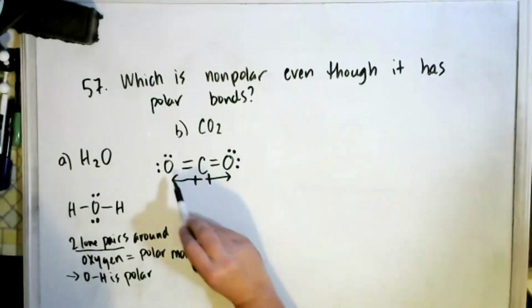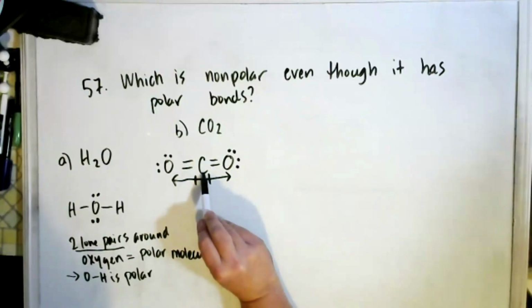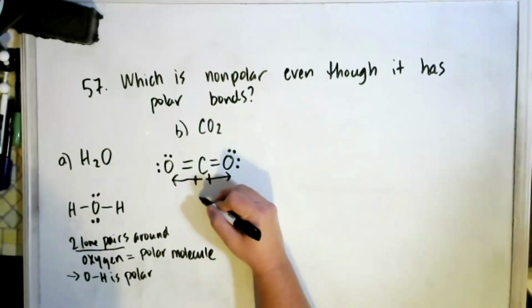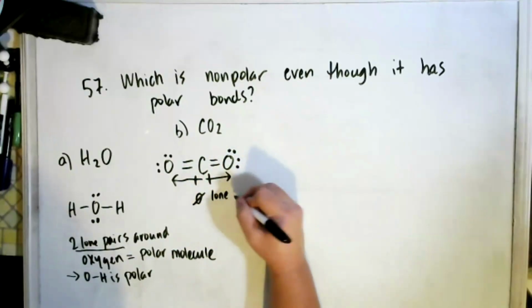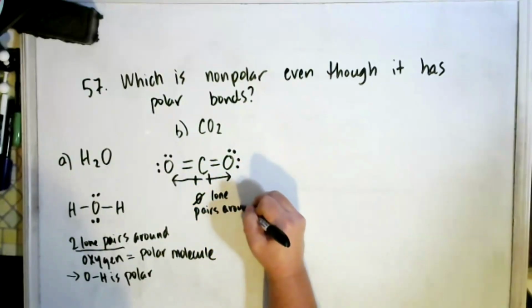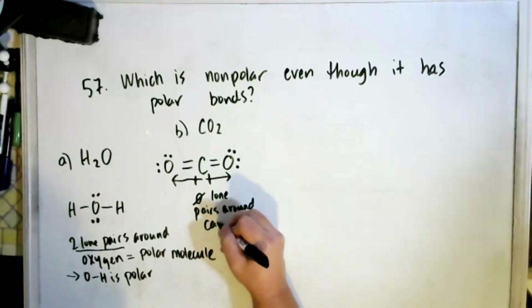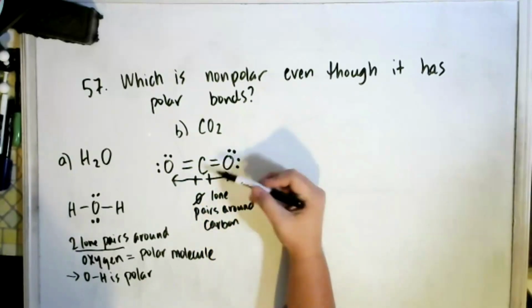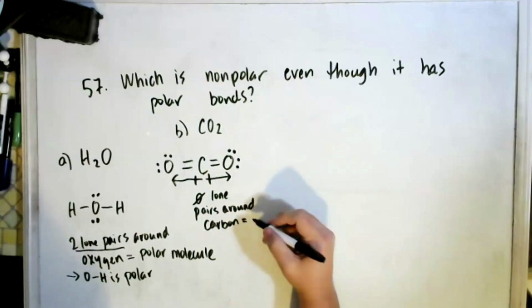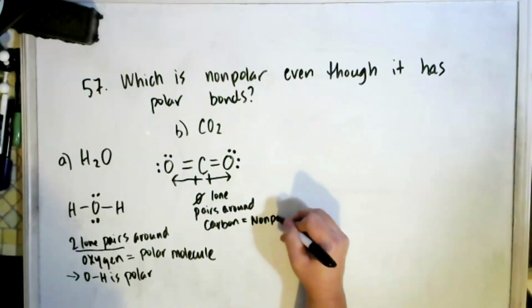Okay. But if we look at our central atom here, there are two bonding groups and there are 0 lone pairs around that carbon. And our central atom is the important one. When we have 0 lone pairs around our central atom, we're going to end up with a nonpolar molecule.